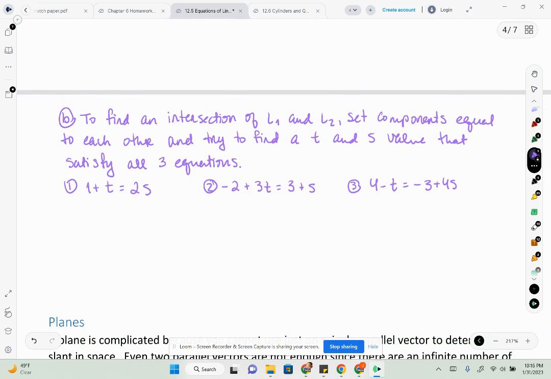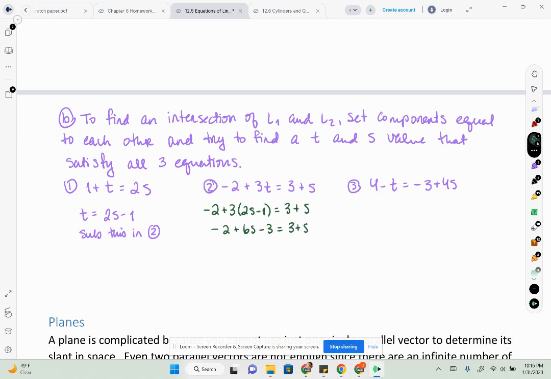All right, in the first equation, it's very simple to just solve for t. t is equal to 2s minus 1. Okay, I'm going to sub this into equation 2 and see what ends up happening. So I'm going to get negative 2 plus 3 times 2s minus 1 is equal to 3 plus s. Negative 2 plus 6s minus 3 is equal to 3 plus s.